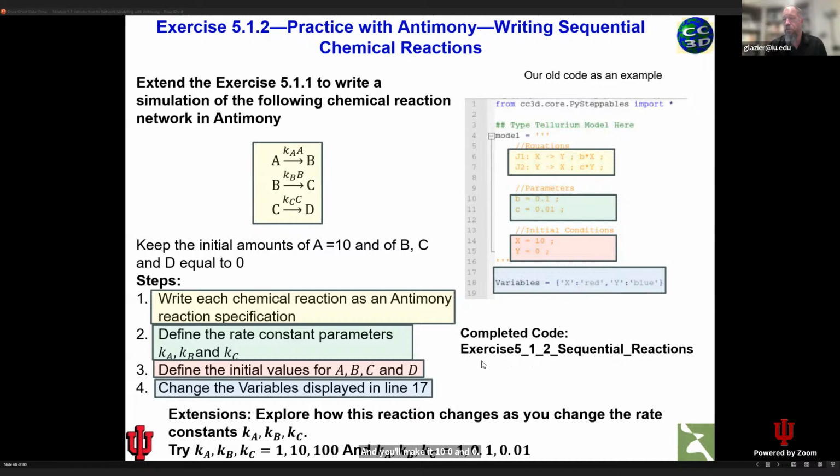If you're having trouble with this, exercise 5_1_1 sequential reactions is the completed code. So you have to change 1 line, 2 lines, 3, 4, 5, 6, 7, 8, 9, 10, 11 lines. I'll give people a minute.